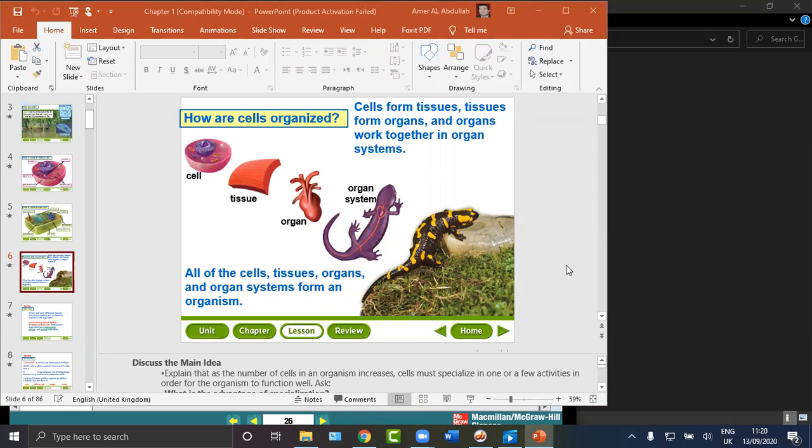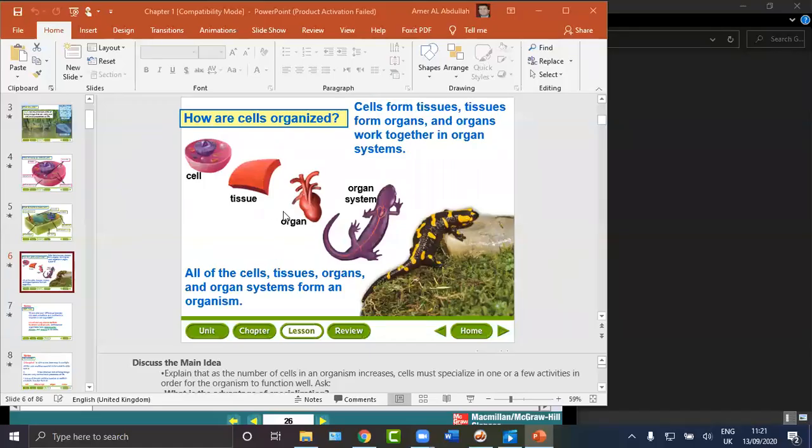A group of similar cells joined, working together at the same job or function. A group of cells work together. Yes, excellent, really excellent. A group of cells work together or join together to form tissue.